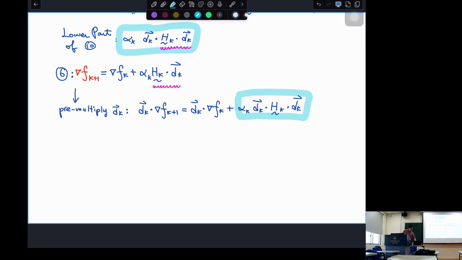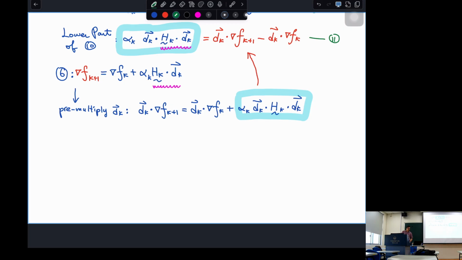That tells us that the lower part of 10 equals dk dot gradient fk plus 1 minus dk dot gradient fk from this information. And we're going to call this equation 11.